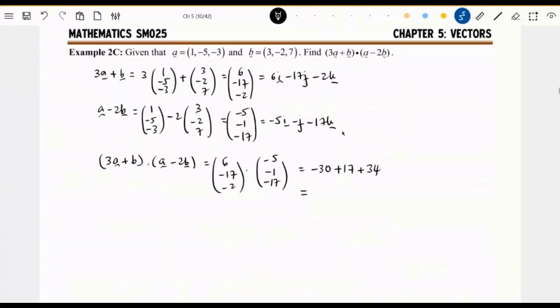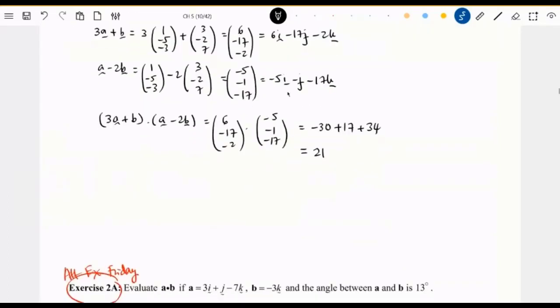What do we get? 21. Positive or negative? Positive. Okay, positive 21. So that's example 2C, done.